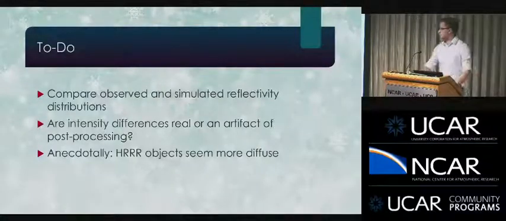So on my to-do list is to compare observed and simulated reflectivity distributions and see if the intensity differences are real or just an artifact of post-processing or looking at 1,000-meter reflectivity compared to base reflectivity. Anecdotally, looking at the images, it seems like HER objects are much larger and more diffuse than observed objects.